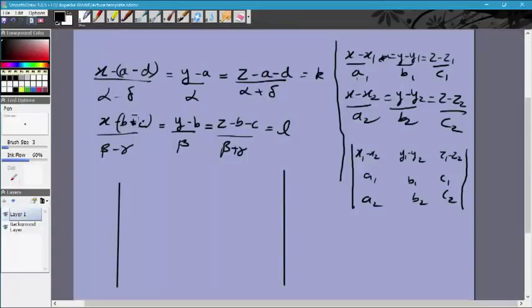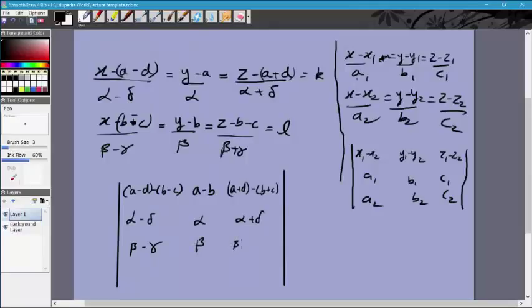So what we'll have is a minus d minus (b minus c). Similarly, y1 minus y2. y1 is a, y2 is b. So a minus b. z1 minus z2. This is a plus d. So z1 is a plus d. So a plus d minus (b plus c). And then you have alpha minus delta, alpha, alpha plus delta, beta minus gamma, beta, beta plus gamma.